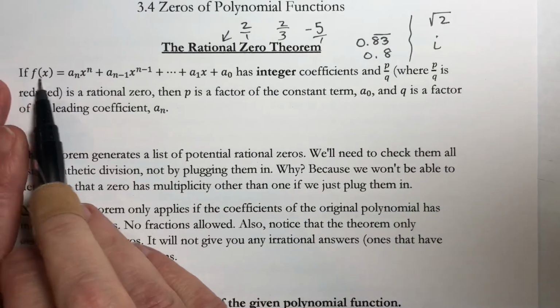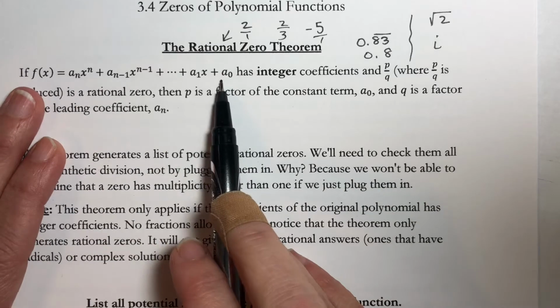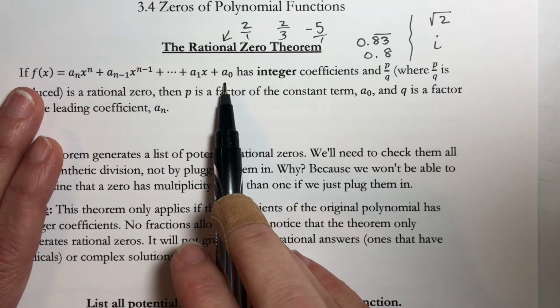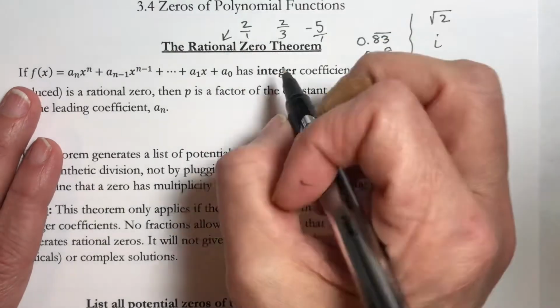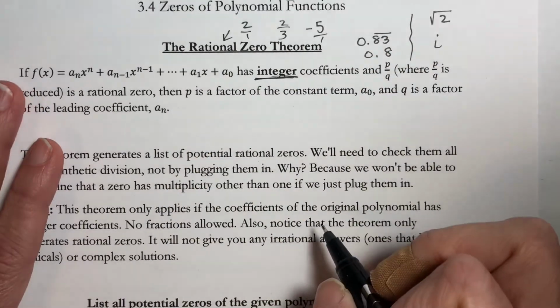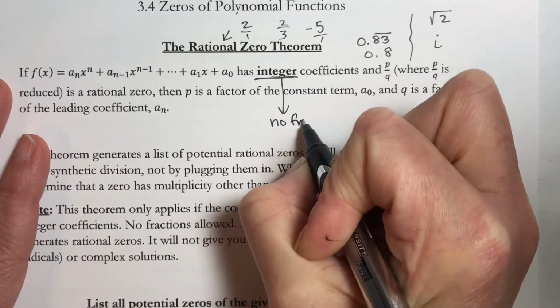If we have a polynomial function, you've seen this before, just the general definition of a polynomial function, if it has integer coefficients, this is important, what this means is we have no fractions.